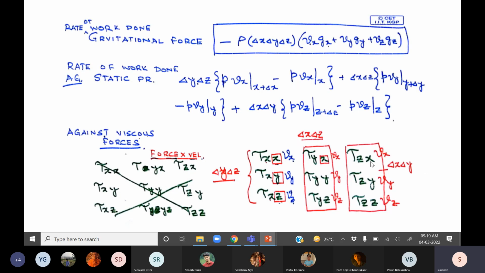So if you look at the first row, the relevant velocity component to be multiplied with the specific component of shear stress is Vx. If you go column wise, then the y warrants that the corresponding velocity component would be Vy and the z would be Vz and so on.